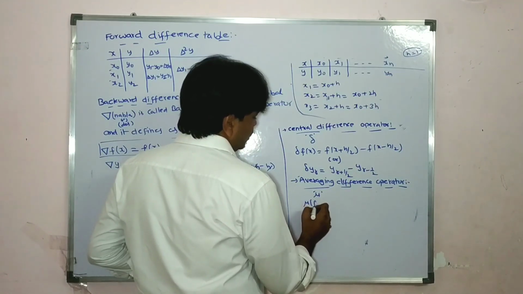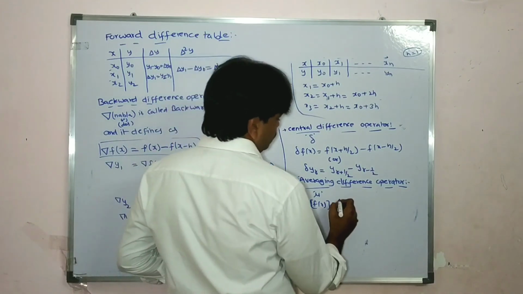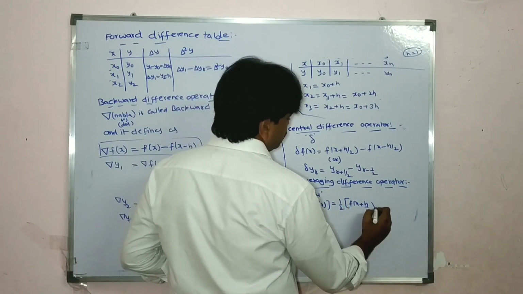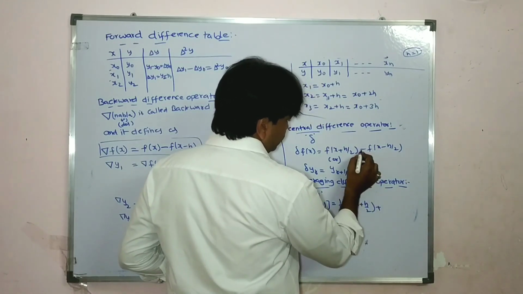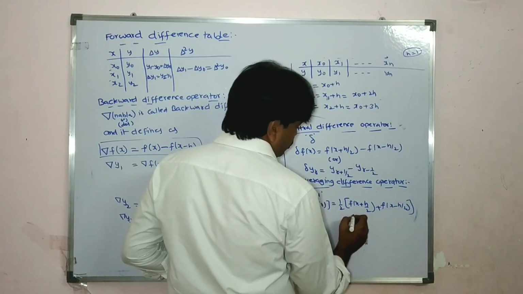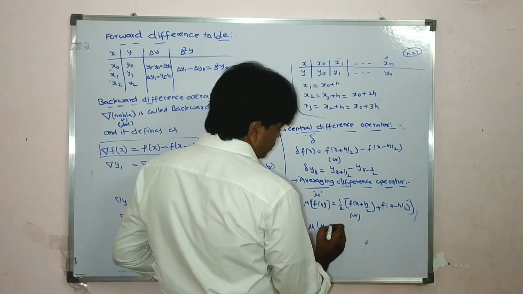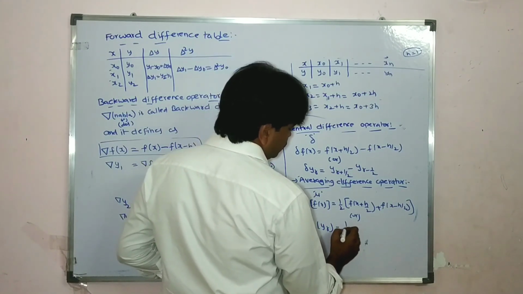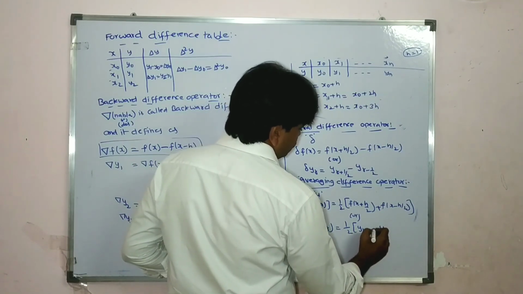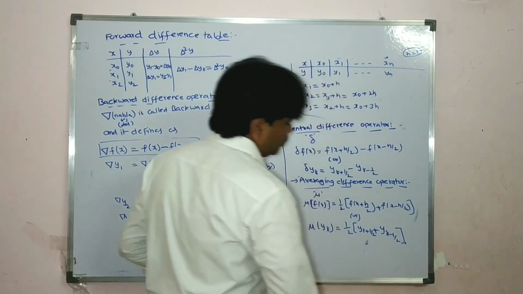So mu of f of x equals 1 by 2 times f of x plus h by 2 plus f of x minus h by 2, or mu of yr equals 1 by 2 into y r plus 1 by 2 plus y r minus 1 by 2.